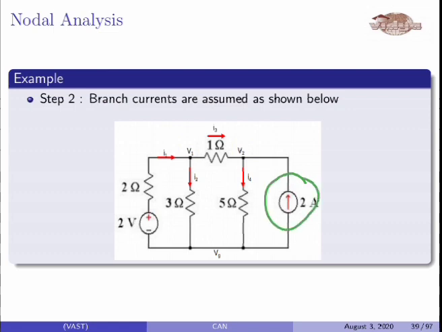In this branch the current is known, that is 2 ampere, so you don't need to write the current in that branch. If the current is known, you don't have to mark the current through that branch. So the first step is to identify the nodes, and the second step is to mark the branch currents according to your wish.